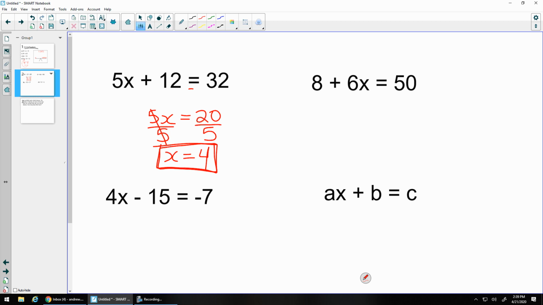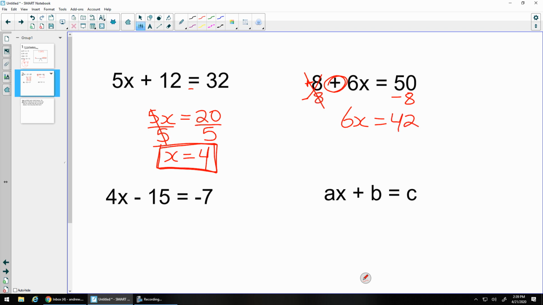So this is 8 plus 6x, which means this is a positive 8 up here, and I want to get rid of that first, before I worry about the multiplying by 6. So I'm going to have to subtract 8 and subtract 8. Now when these cancel out, all I'm left with, this addition symbol here, that just tells me that this is positive 6x. So I have 6x is equal to 50 minus 8, which is 42.